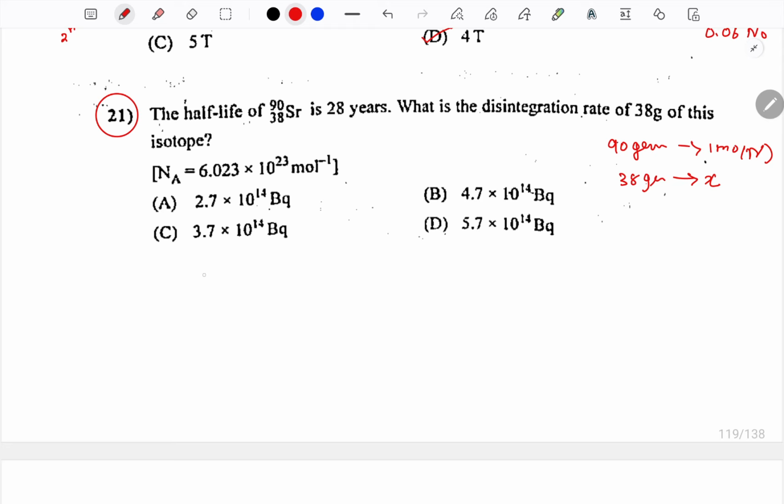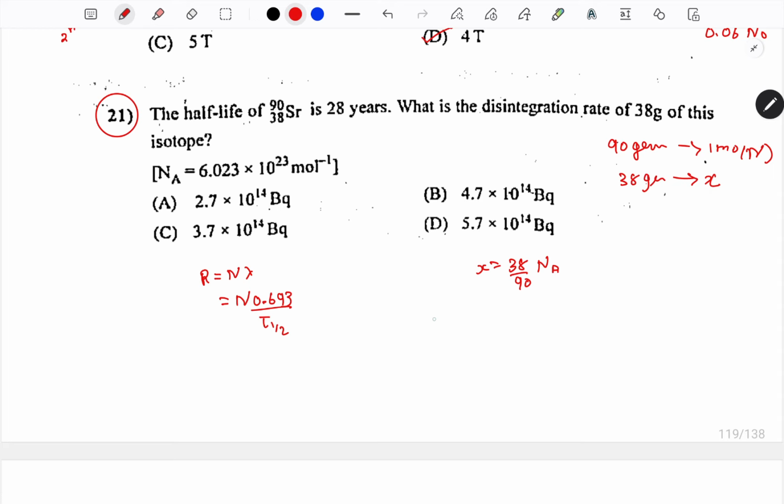For radioactivity we know that R is equal to N lambda, and lambda is equal to 0.693 divided by tau 1 by 2. So x is equal to 38 by 90 into N_A, which is Avogadro number.